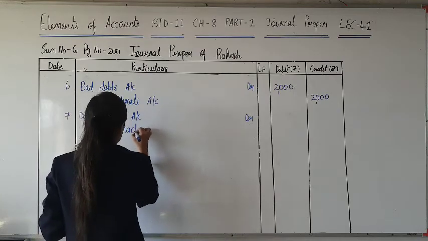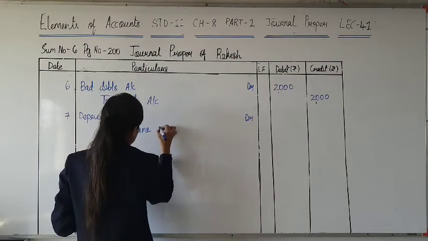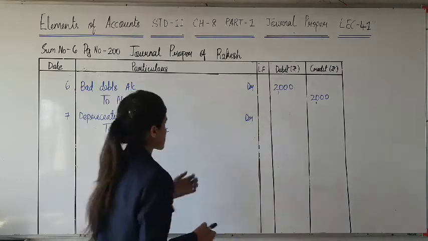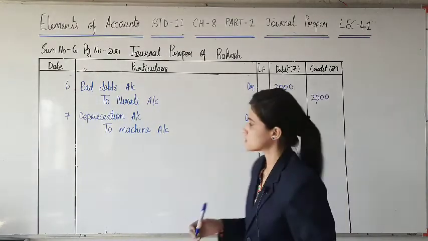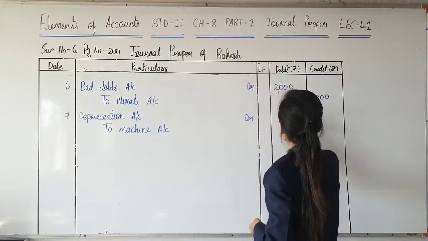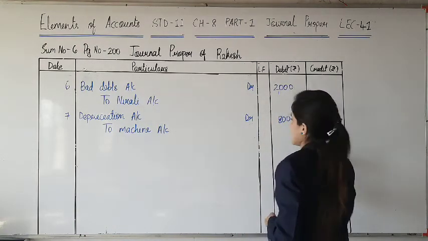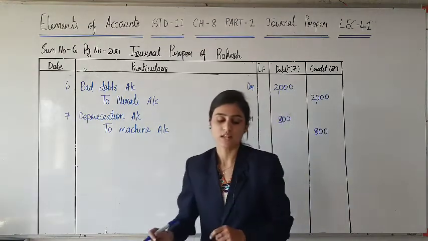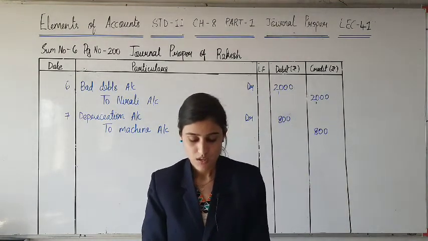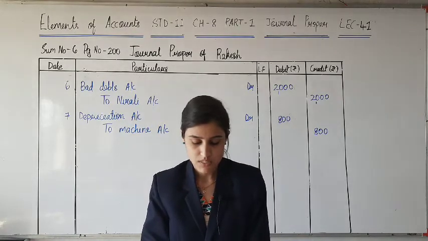To machine account. How much? 800. Depreciation is an expense, hence debit, and machine, the value of fixed asset reduces, hence machine has been credited.